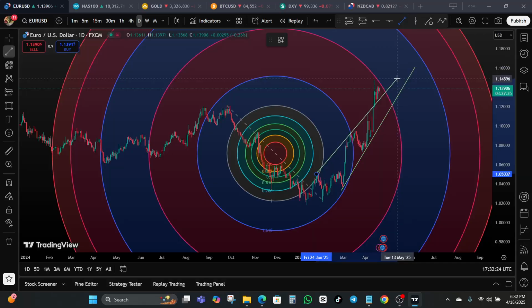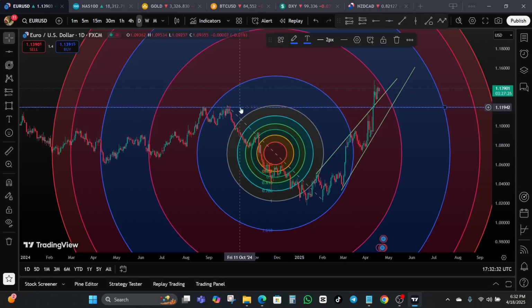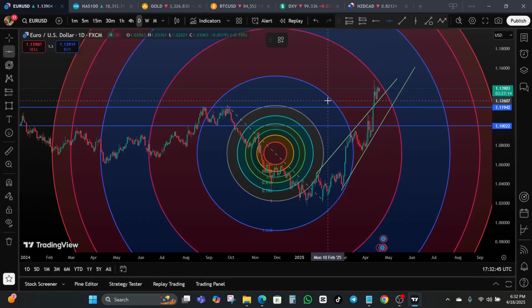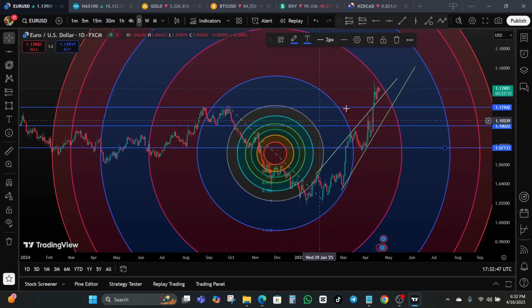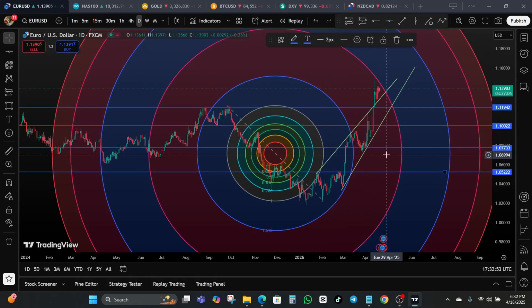You also plot your horizontal support and resistance zones as well. So you need confirmations. All these are just going to serve as additional confirmations.